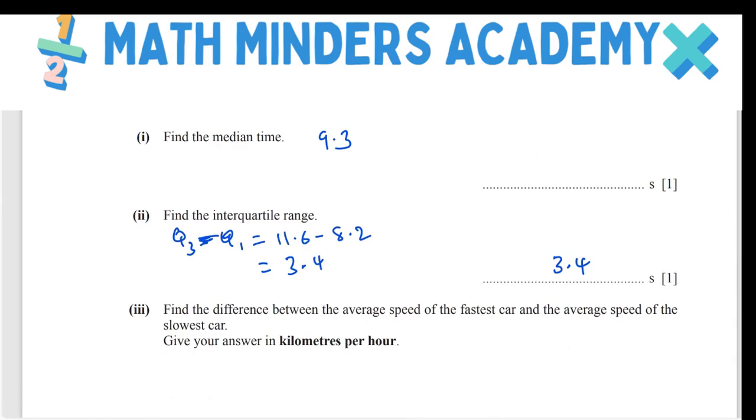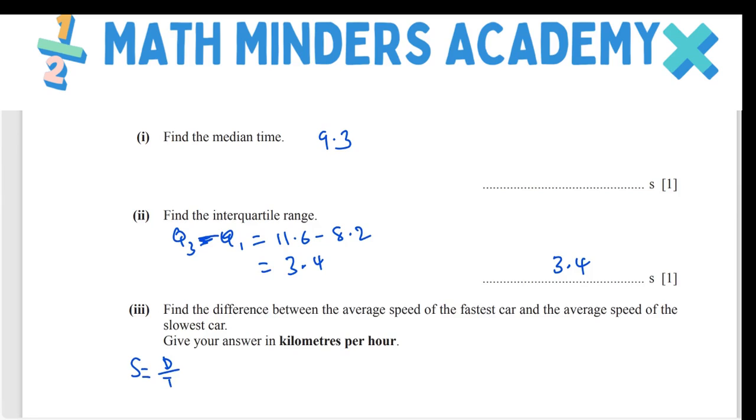Now, the next question asks us to find the difference between the average speed of the fastest car and the average speed of the slowest car, and give our answer in kilometer per hour. Now, you understand that speed is total distance covered over total time taken. And so take note that for the fastest car, we go with the smallest time, and for the slowest car, we go with the greatest time.